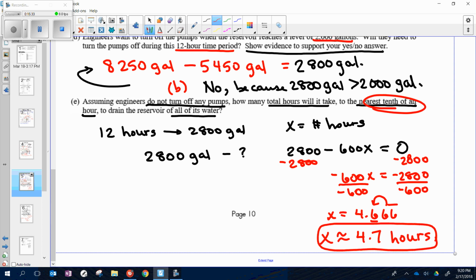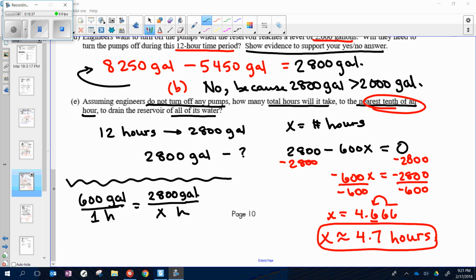I'm going to show you a quick proportion you could have done to do this also. So my proportion is, we're draining the water at 600 gallons every 1 hour. So I wrote 600 gallons to 1 hour is the same as trying to drain 2,800 gallons of water in x hours. So we got gallons to hours, gallons to hours.